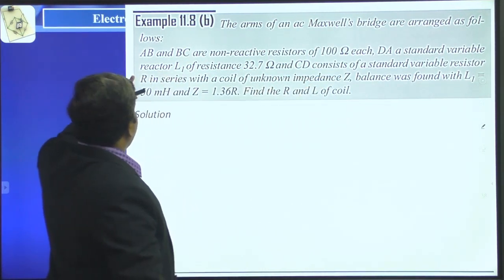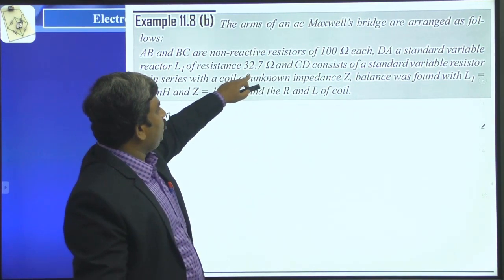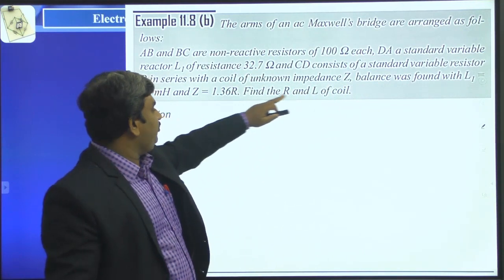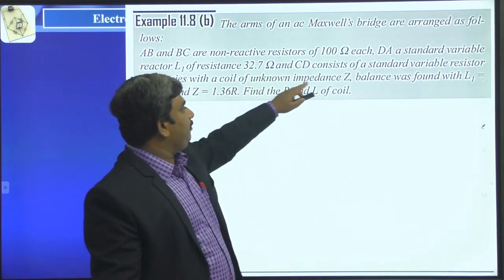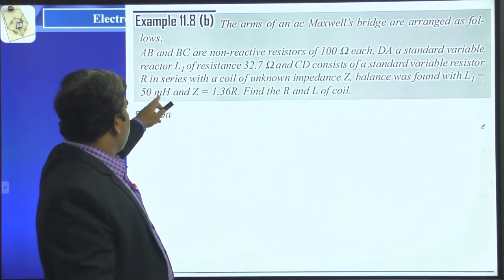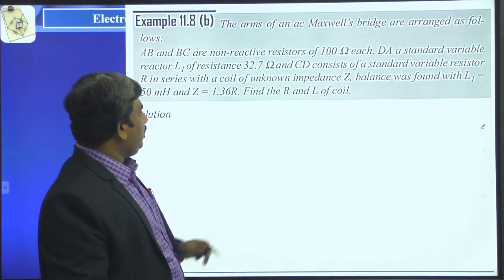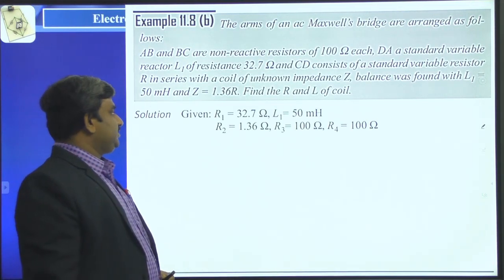DA is a standard variable reactor L1 of resistance 32.7 ohms, and CD consists of a standard variable resistor R in series with the coil of unknown impedance Z. Balance was found with L1 equal to 50 millihenries and Z equal to 1.3 R. Find the R and L of the coil, that is the Rx and Lx values.